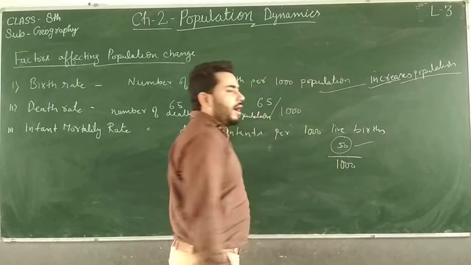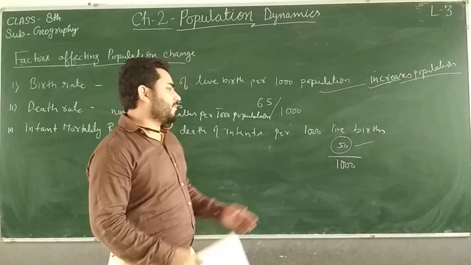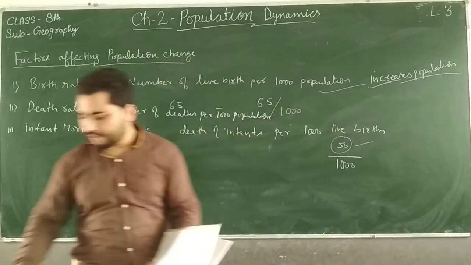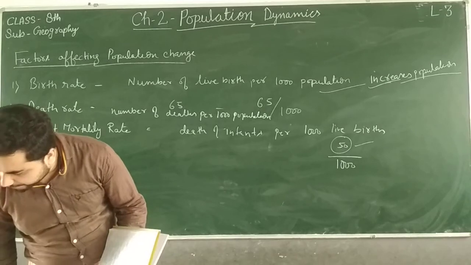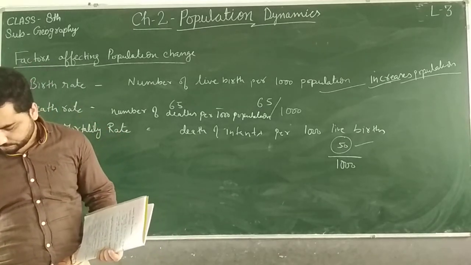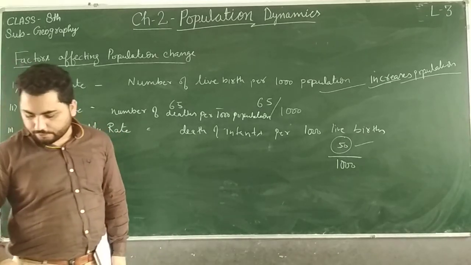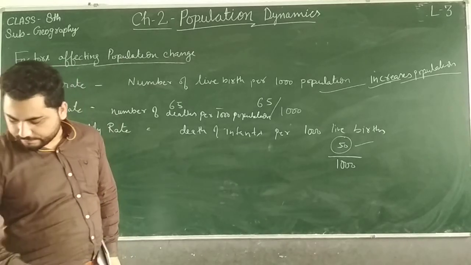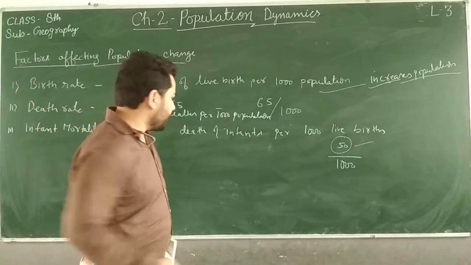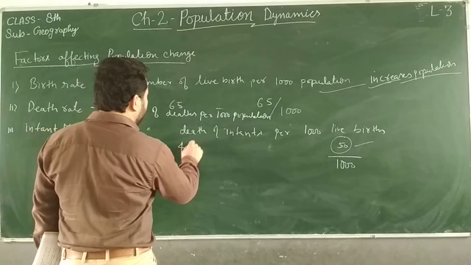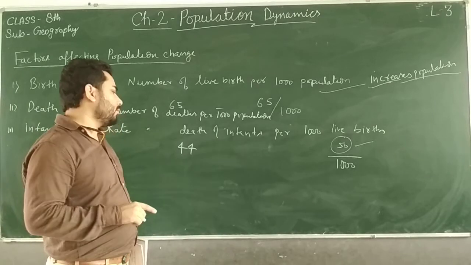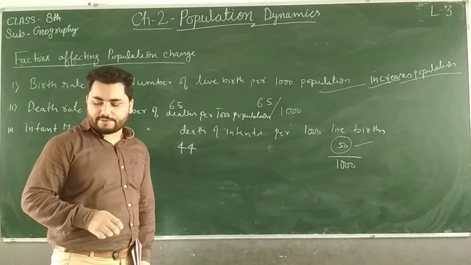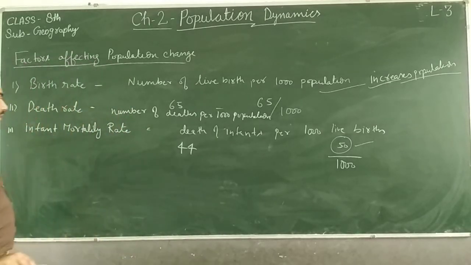In India it is 44 per 1000 live births. In India, 44 babies die out of 1000 babies born. So that is the infant mortality rate.